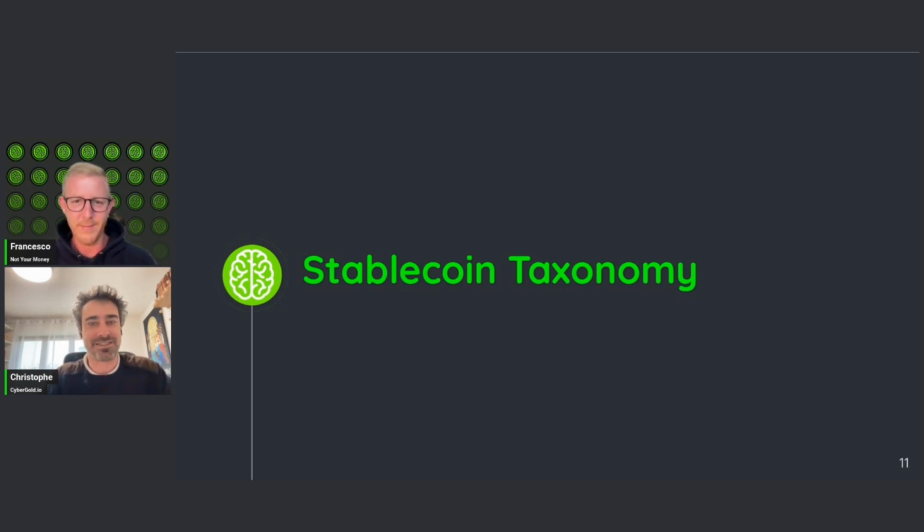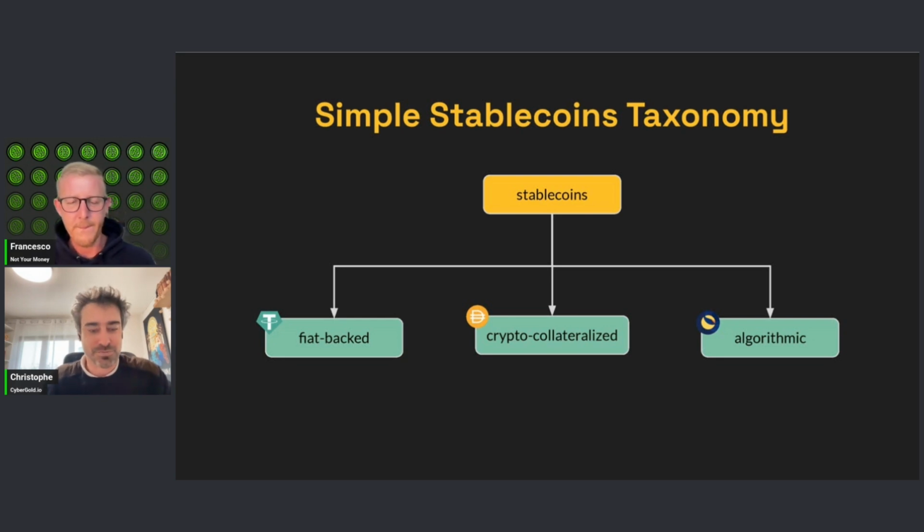Yes, there are different types of stablecoin, even if the two main stablecoins by market share, USDT and USDC, are actually of the same type, centralized stablecoin. So usually the most used taxonomy distinguishes between three types of stablecoins. The fiat-backed stablecoins, such as USDT, USDC. This is the first type.